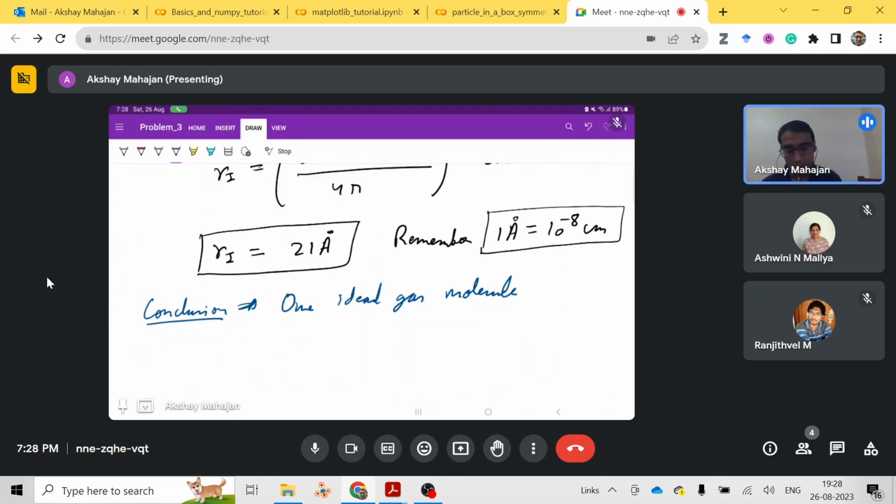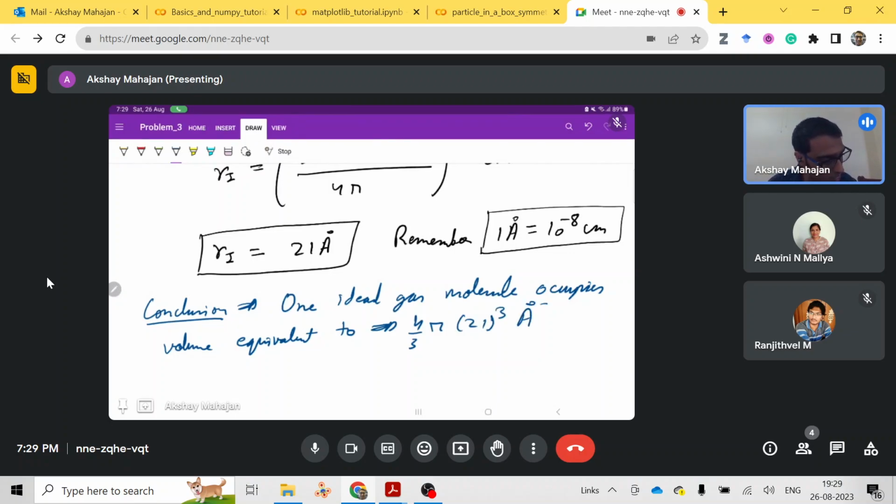So we can say that one ideal gas molecule occupies a volume equivalent to 4 by 3 pi r_i cube, which is 21 cube angstrom cube.